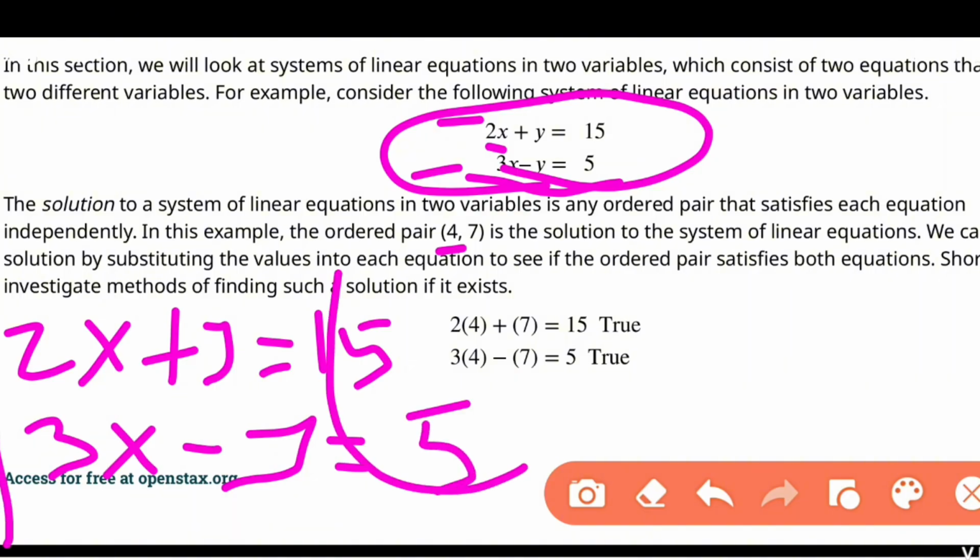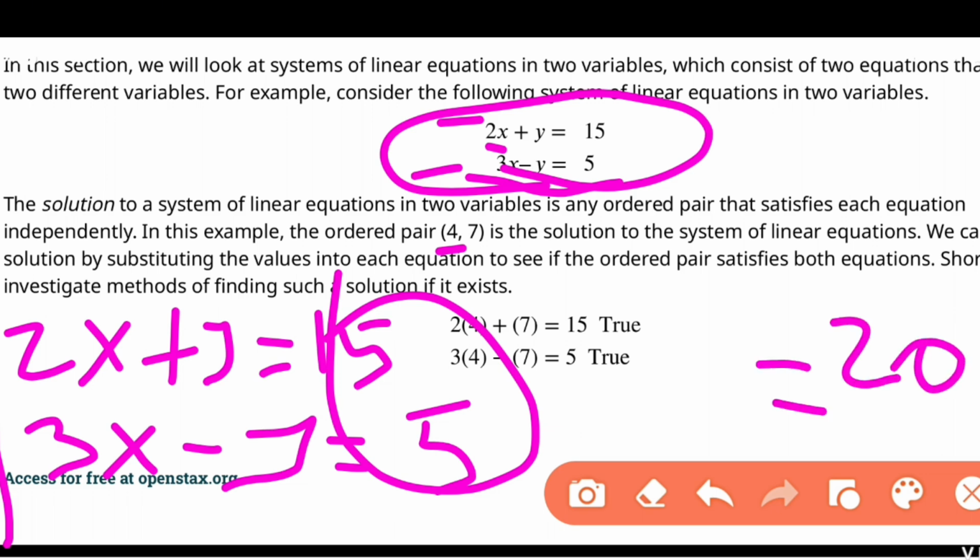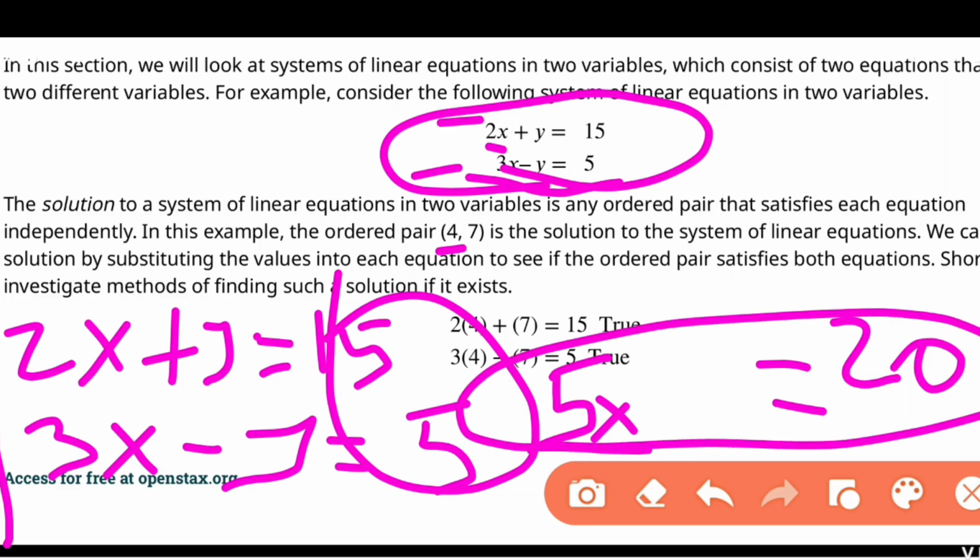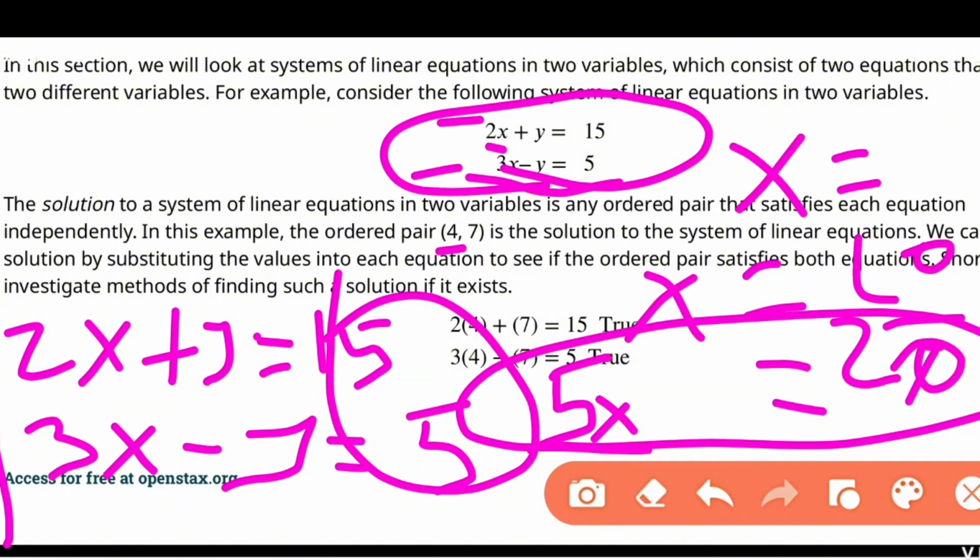When we add 15 and 5, it becomes 20. Adding 2x plus 3x is 5x, and y minus y is 0. So 5x is equal to 20. We can find x now. x is equal to 20 over 5, so x is 4.